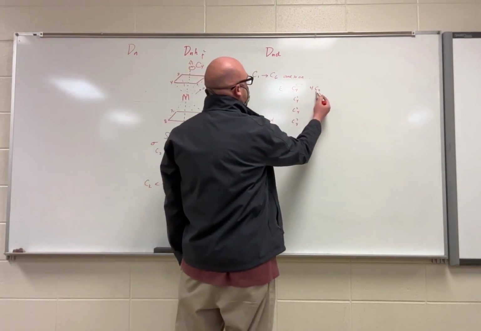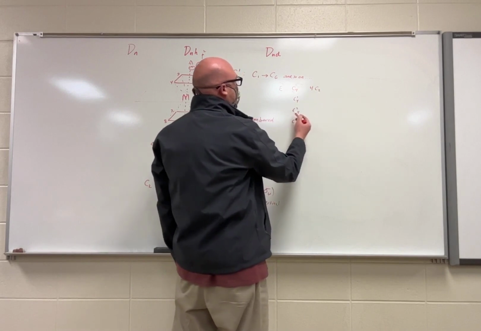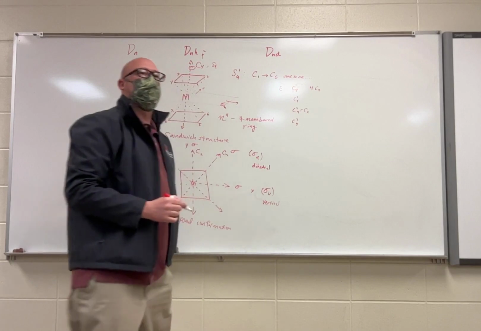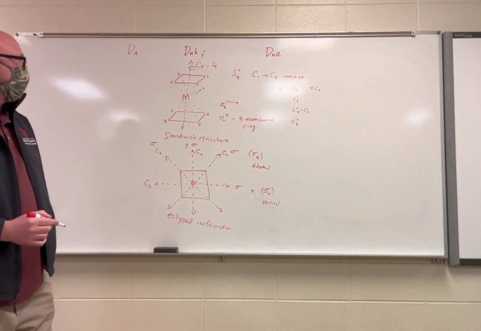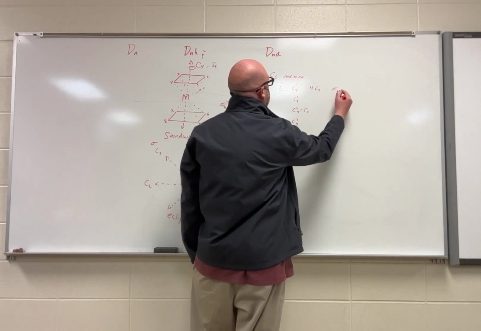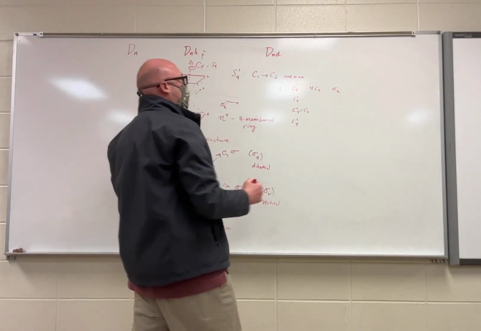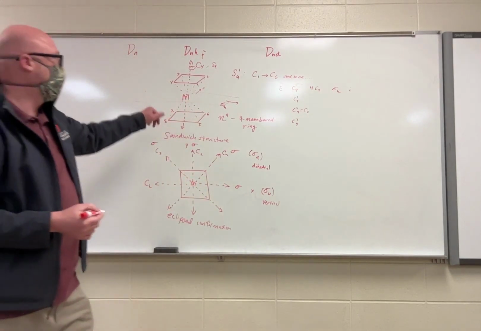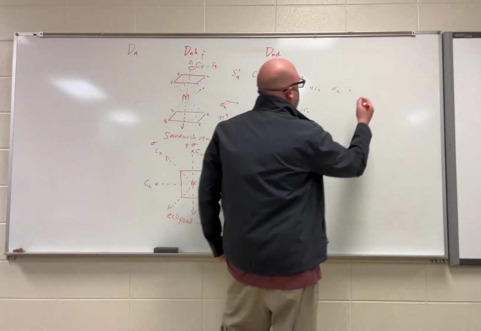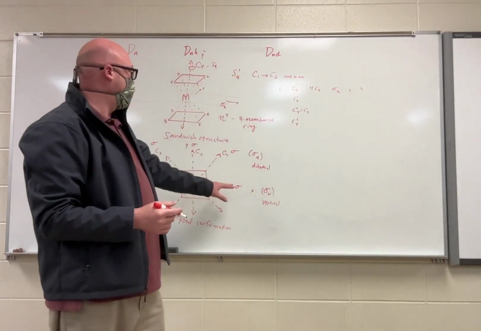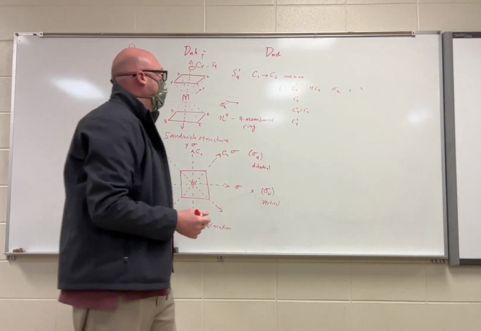Notice this C2 axis is different than the C2 that is superimposed with the C4, okay? And then we have sigma h. We have an inversion center present on this metal in this example. There are four vertical planes, but we assign those to unique classes.